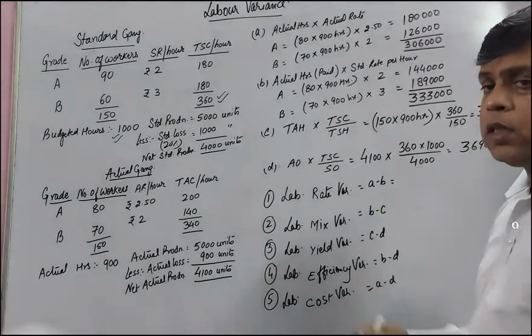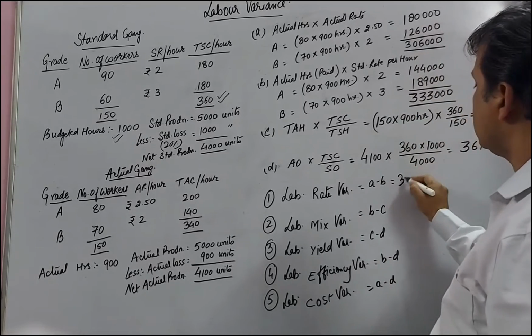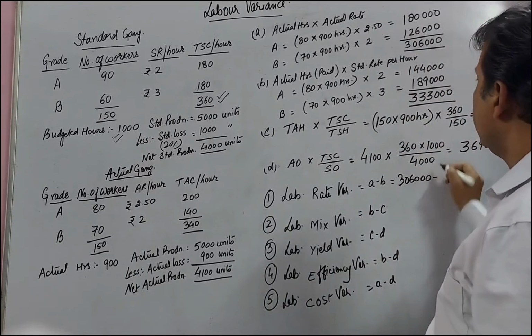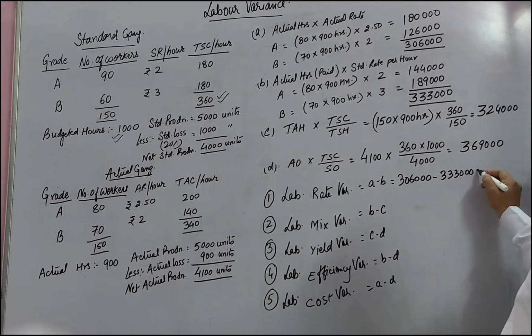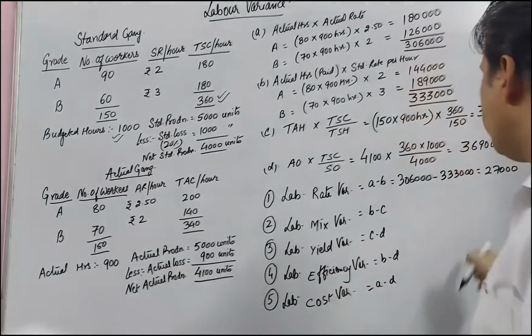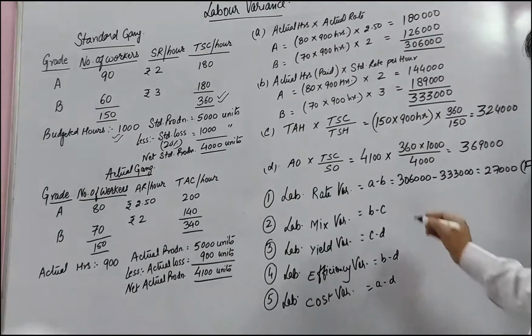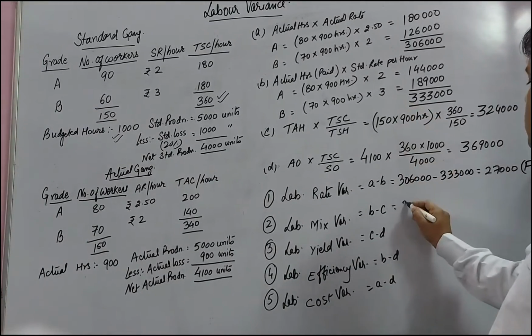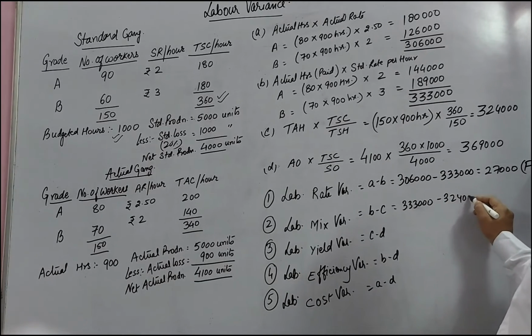So if we are calculating labor rate variance, which is A minus B, it means 3,06,000 minus 3,33,000, which is going to give you 27,000 negative, right? And minus here basically means favorable, so the variance is favorable. Then 3,33,000 minus 3,24,000.